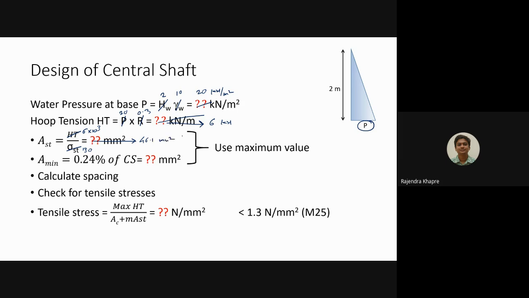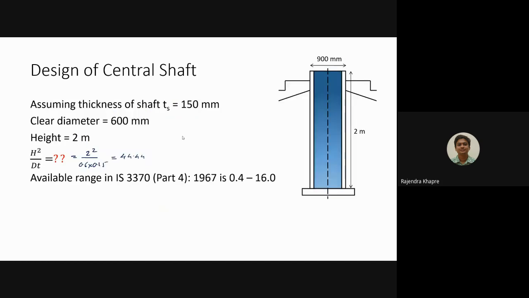Okay, so you see the value of hoop tension is very less. Because of this, the steel required to resist the tension is also very less. But we also have to take care of AST minimum. So AST minimum is 0.24% of the cross section area. The thickness we have assumed here is 150.